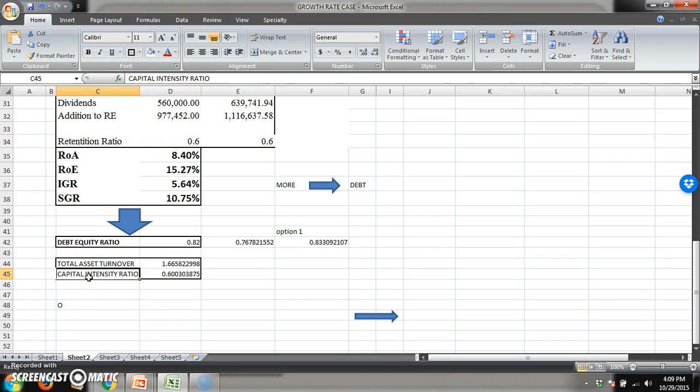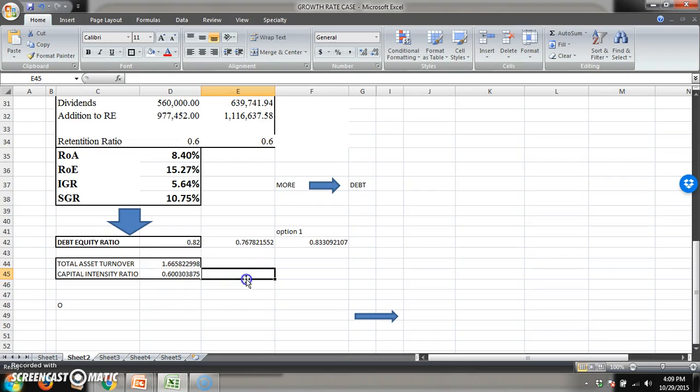Now, there is something also called the capital intensity ratio, which is nothing but the inverse of the asset turnover ratio. Let me explain what this means. Capital intensity ratio means how many dollars you need to invest in capital to generate sales. Here we can see that it is less than 1, which means it is a relatively less capital intensive business.